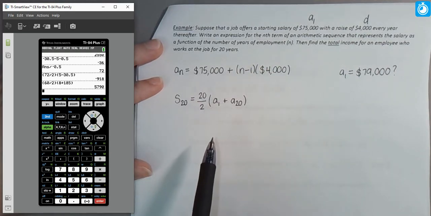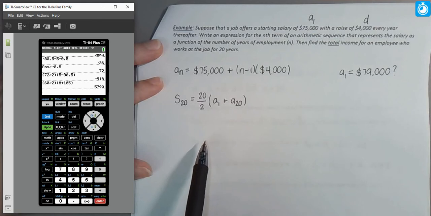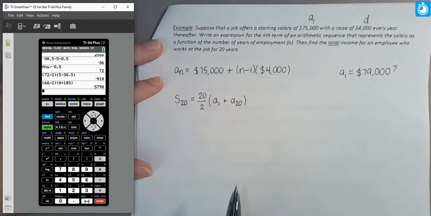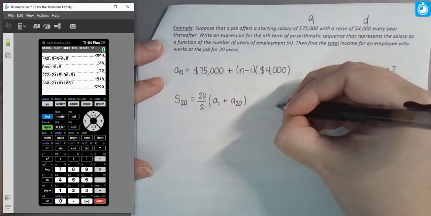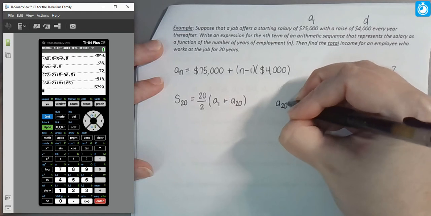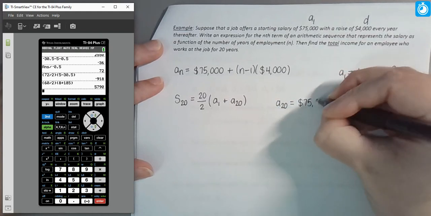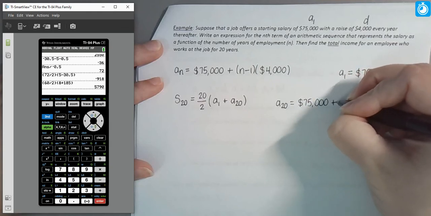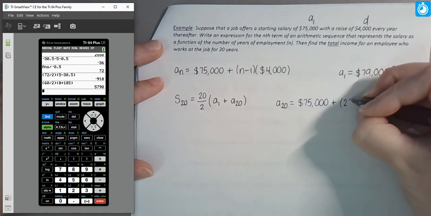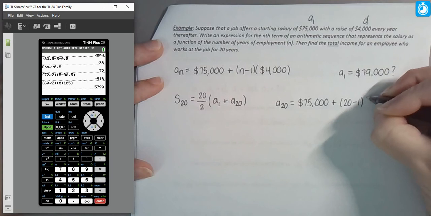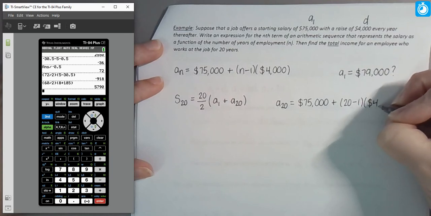So we need the 20th salary then. After 20 years, we've gotten that many raises. How much money are we making after we've continued to add on that raise of $4,000? Well, a sub 20 is going to be 75,000 plus 20 minus 1 times 4,000.